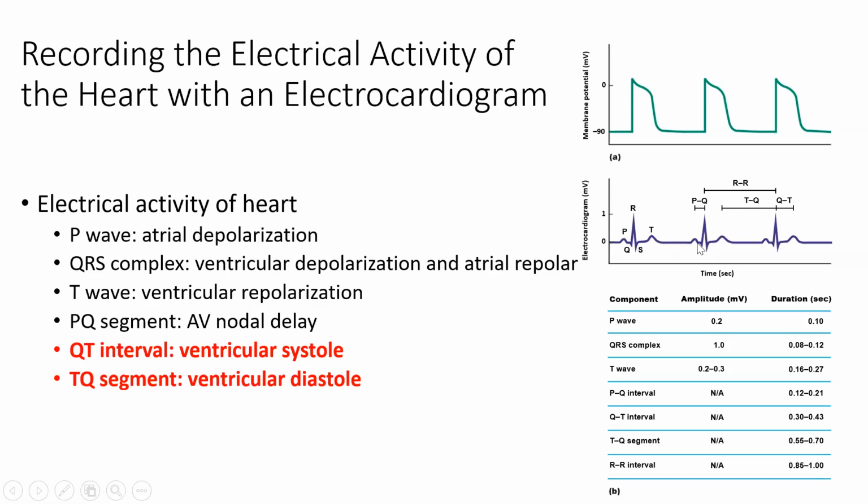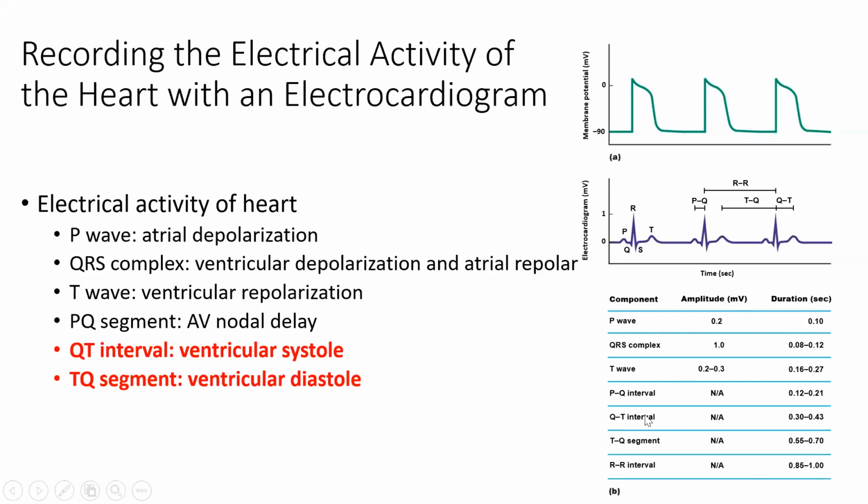So the time it takes from the T wave of one complex all the way to the Q of another complex is the entire time that the ventricles are filling. And what we will come to see as we look at the phases of the cardiac cycle is that ventricular diastole is much longer than ventricular systole, because the ventricles need more time to fill than they do to empty.